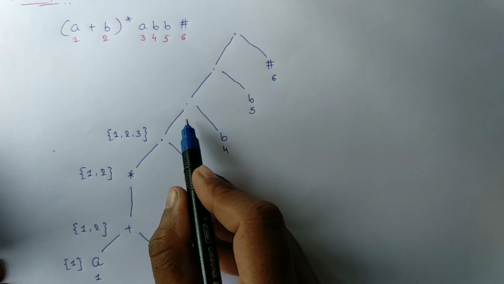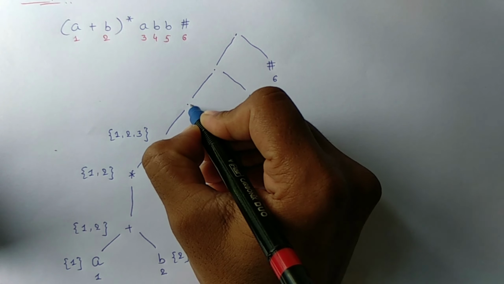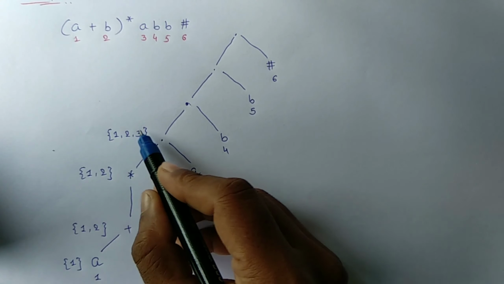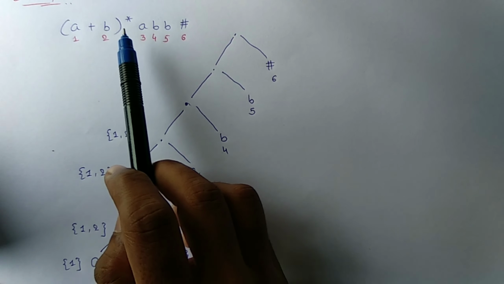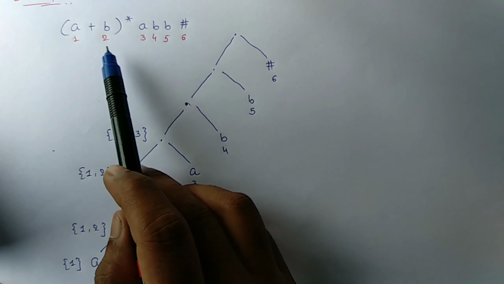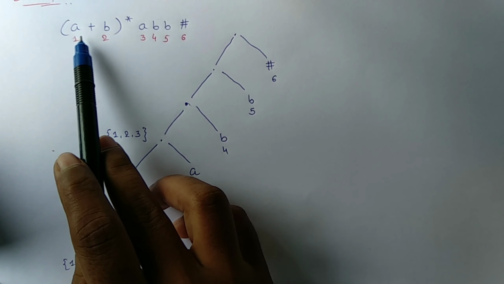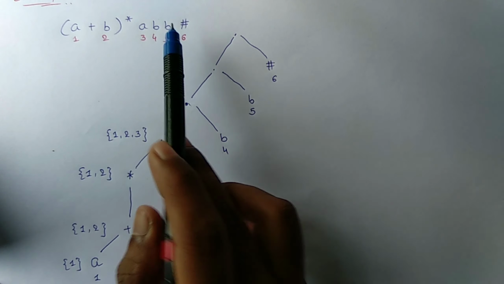At this position it's also 1, 2, 3, because your regular expression (a or b)* abb always starts with a or b star or a, never with b.